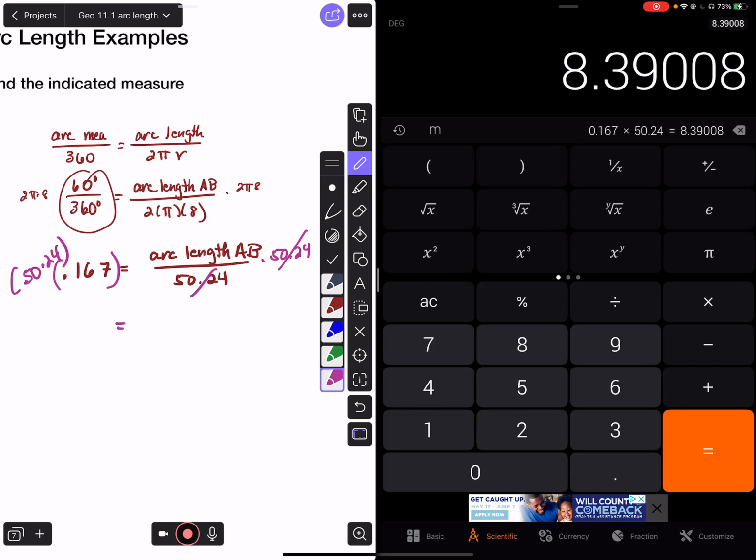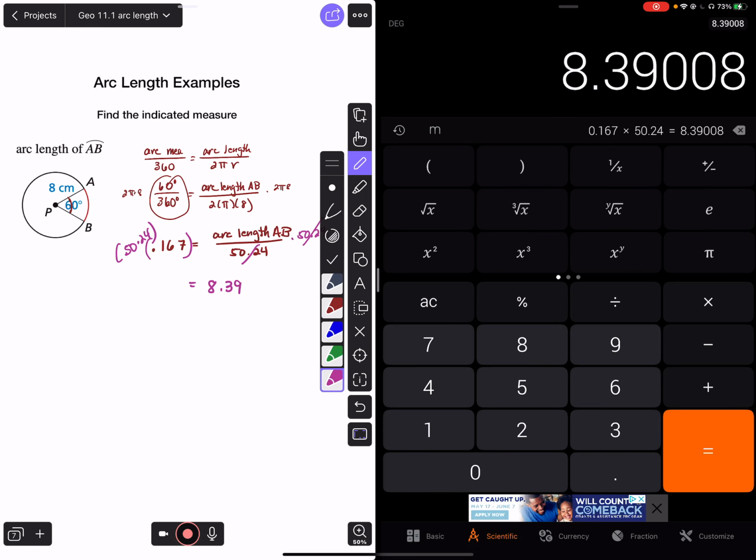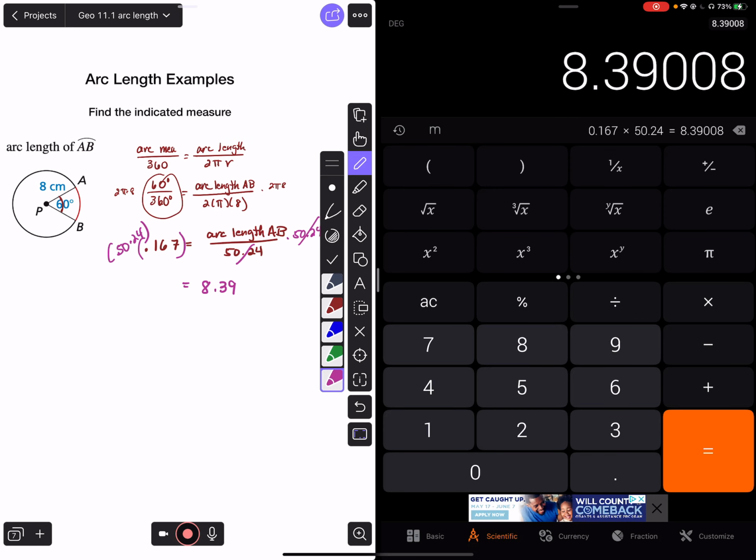That little piece of the arc is 8.39. And I don't know if they gave us any units. Centimeters. They did. The radius was in centimeters. So this little arc length is 8.39.